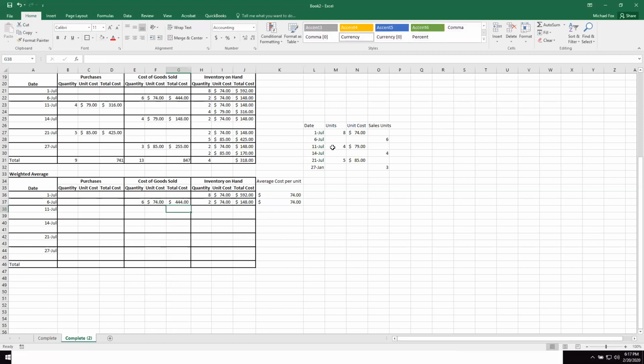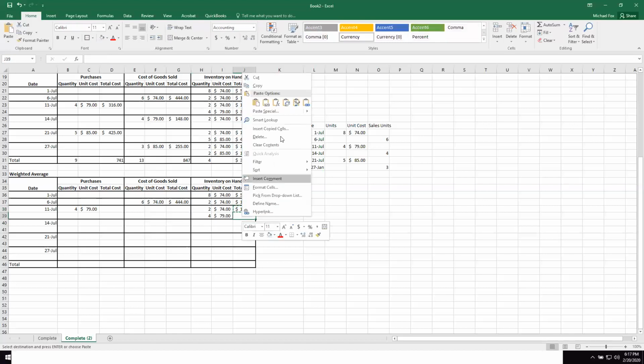On the 11th, we purchased 4 more units that cost $79 a piece. So now we have 2 units that cost $74 and 4 units that cost $79. Our total cost is the same thing, the number of units times the unit cost.